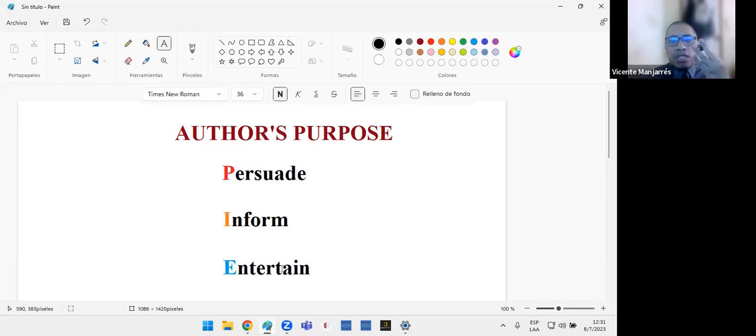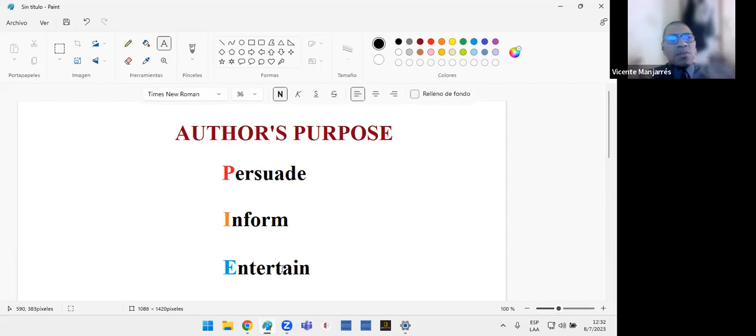And finally, to entertain, meaning they want to just help you pass the time through maybe a narration or a story or telling you facts, but in an entertaining way. So any text will be classified under those three purposes: persuade, inform, or entertain.